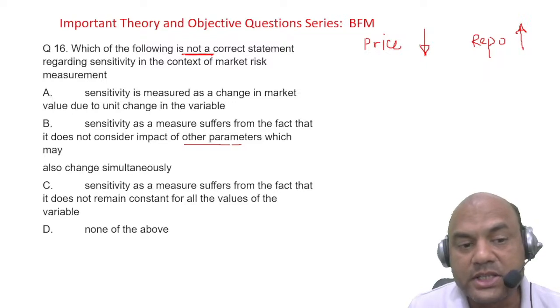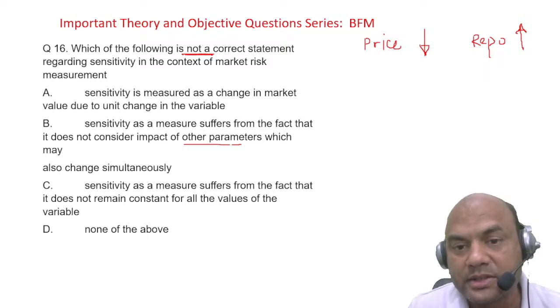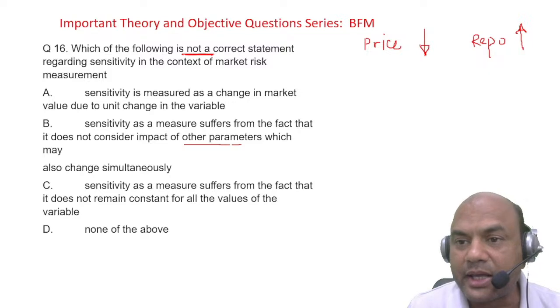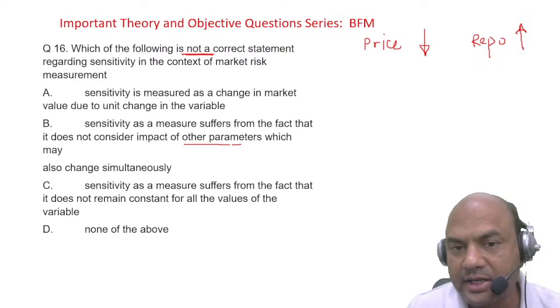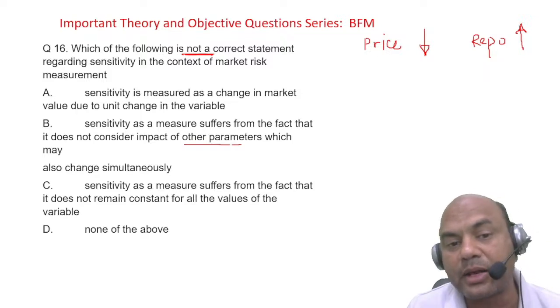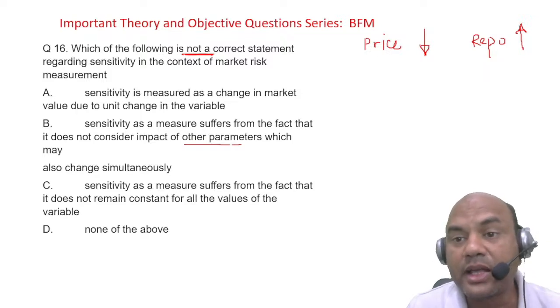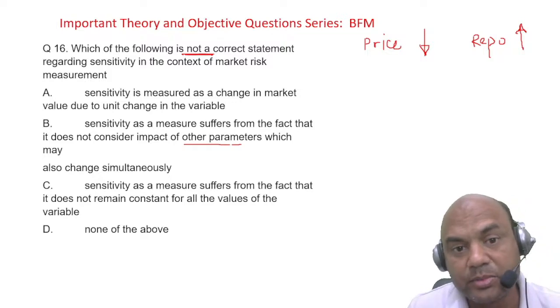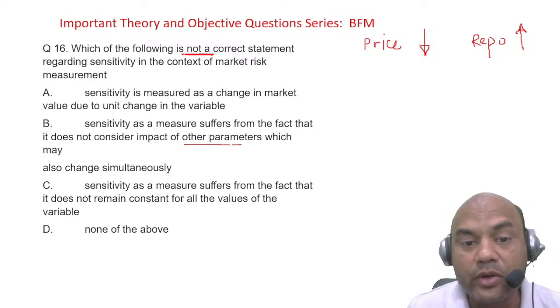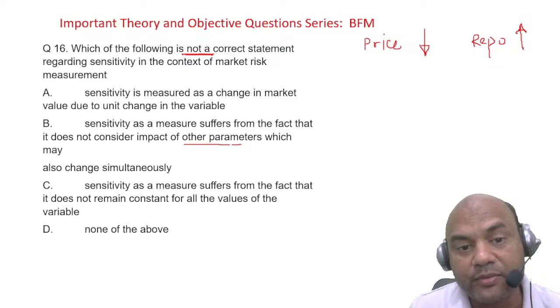What are the other parameters? Repo rate and price change, right? Repo rate is one parameter, but other parameters can be inflation, and it can be the forex reserves. So these are other parameters.